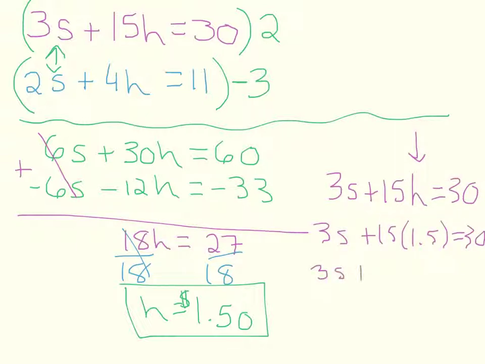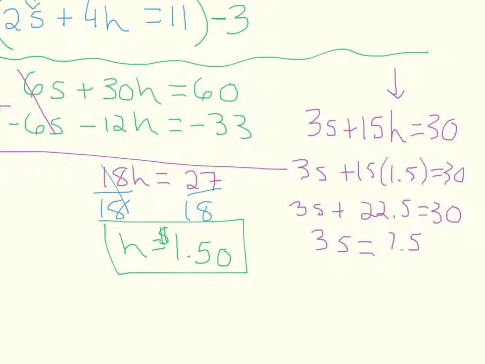So 3S plus 15 times 1.5 is 22.5 equals 30. If you subtract 22.5 on both sides, you'll be left with 3S equals 7.5. And then if you divide both sides by 3, you should get that each streamer costs $2.50.